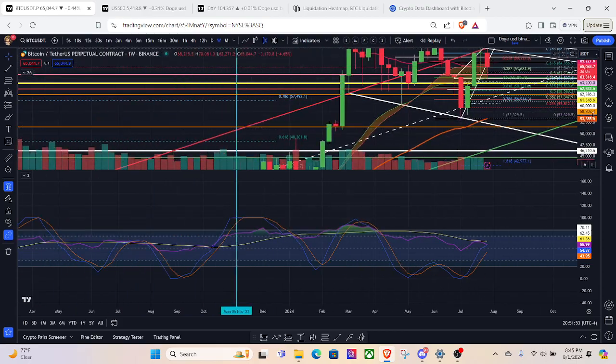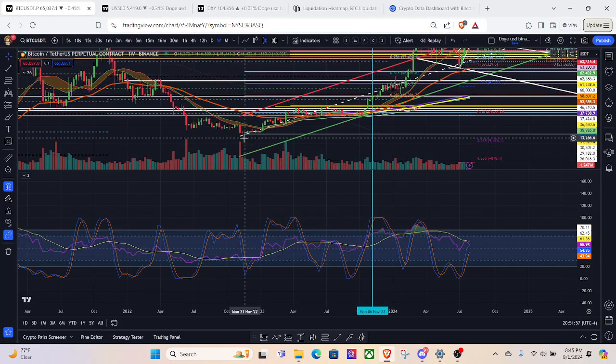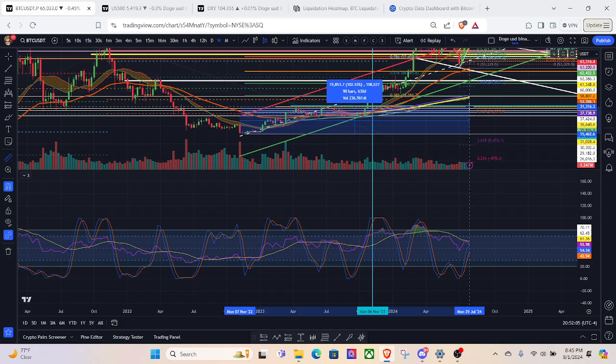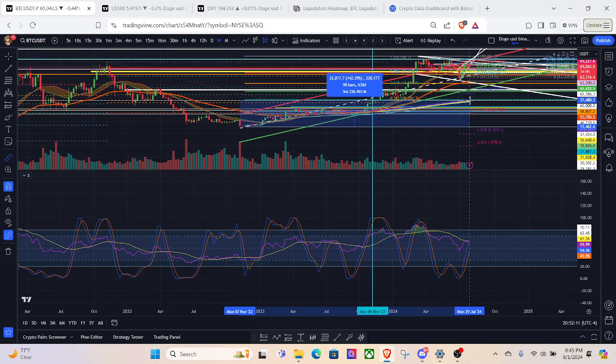I have a bullish macro bias, and since November 7th, 2022, we have been in a macro uptrend.